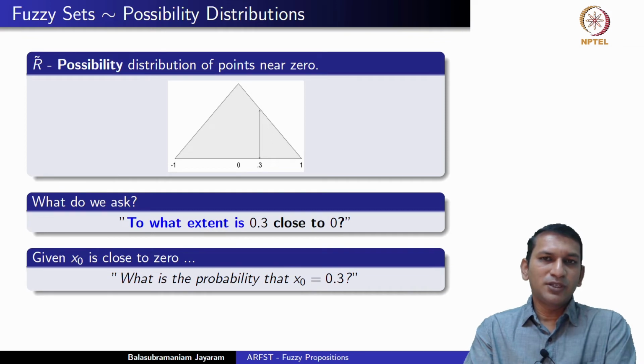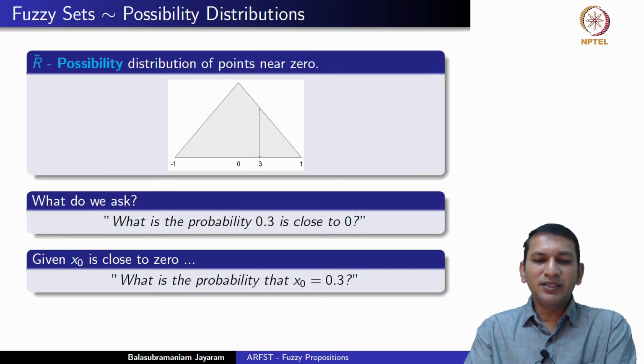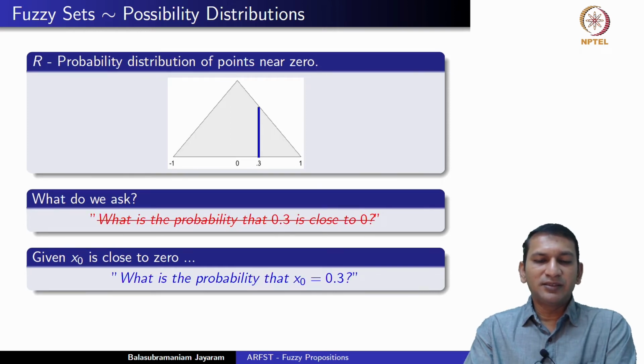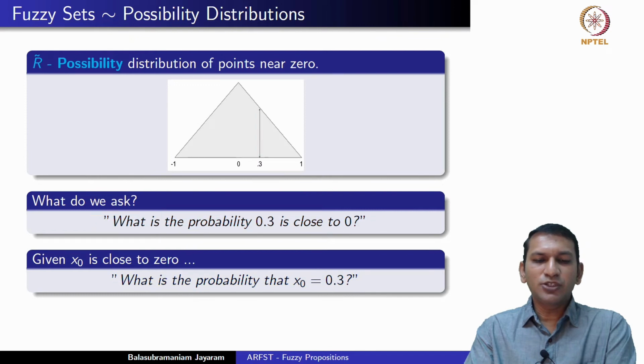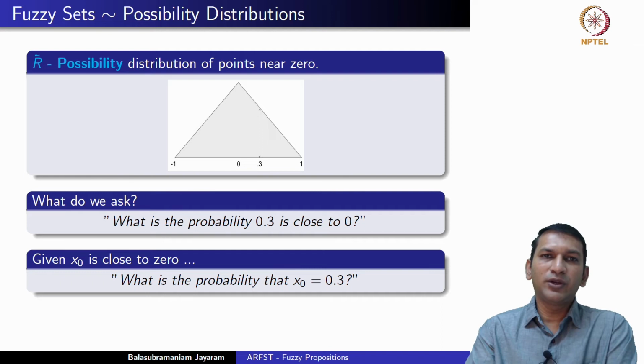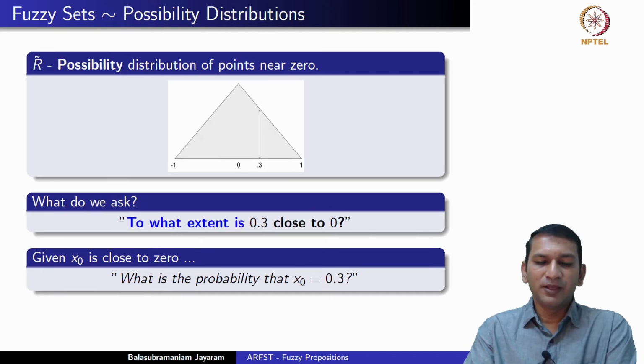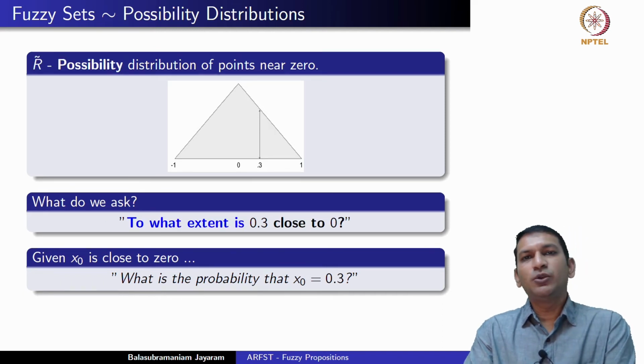We are not asking the question, what is the probability that 0.3 is close to 0, but we are asking the question, to what extent is 0.3 close to 0? So you will see that between this and the earlier, the thick band around 0.3 has become a thin line, because we are only fitting the value 0.3 into the function and finding it out. So to what extent is 0.3 close to 0?